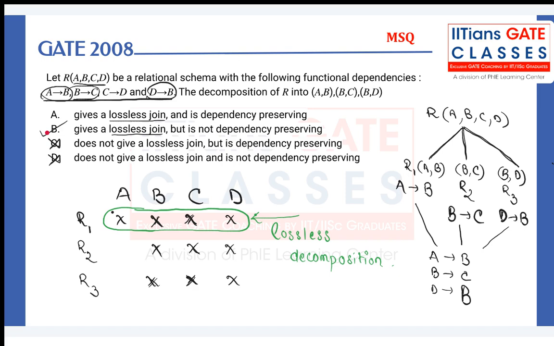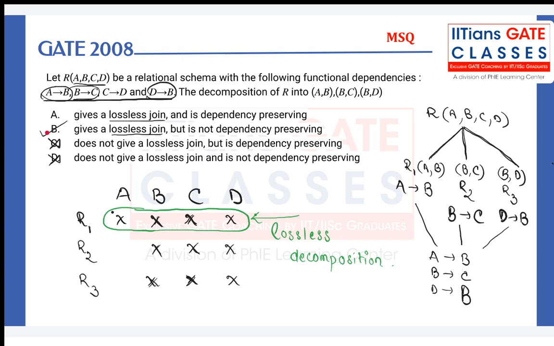What do I mean by dependency preserving? It means you decompose the table into three tables. After you join them back, do you get the same set of functional dependencies that was given originally for R? You see, you have lost a functional dependency, which is C derives D, because of the way you decompose the table into three different tables. The best possible case of decomposing the table would be to have a lossless join.